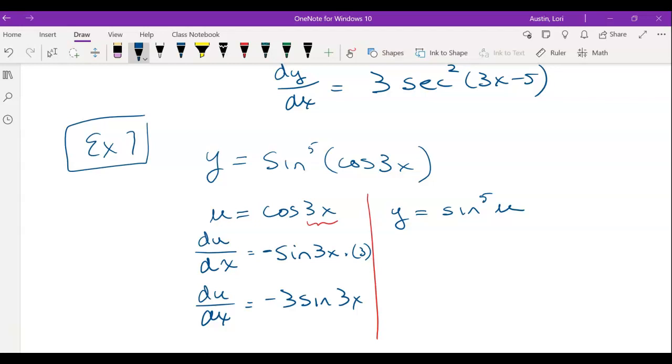Now, sine to the fifth of u. Trig functions are funny because this is the same as that. Remember that? And if I think of this as a basic power rule, what's anything raised to the fifth power? How do I get the derivative of that?